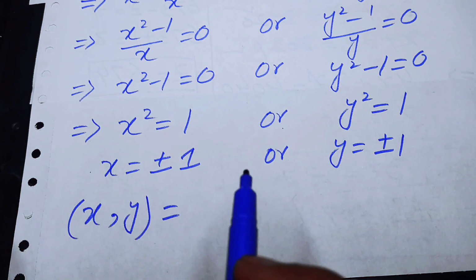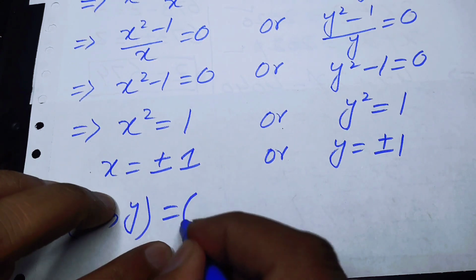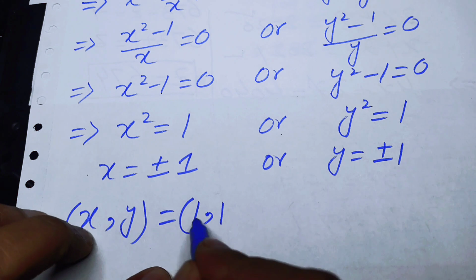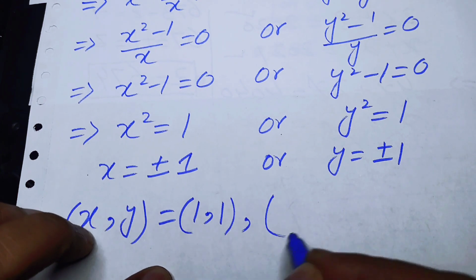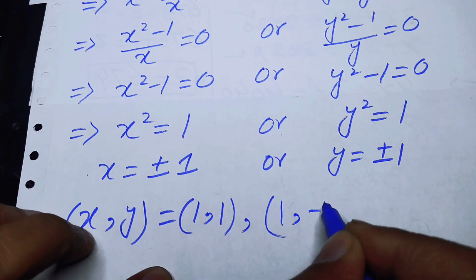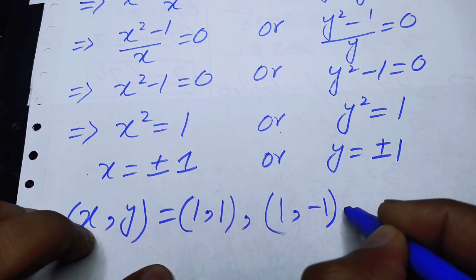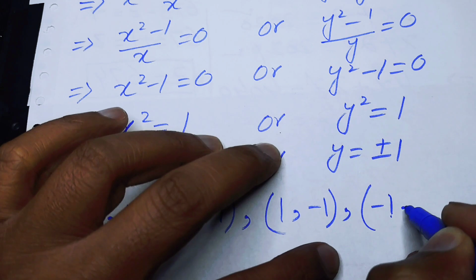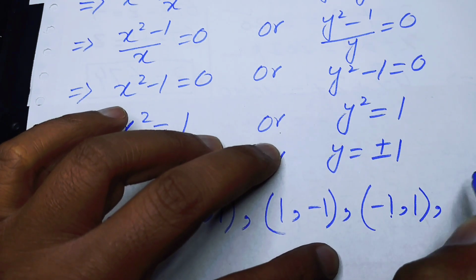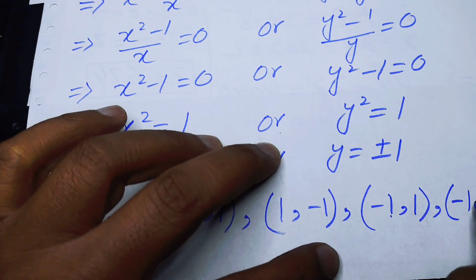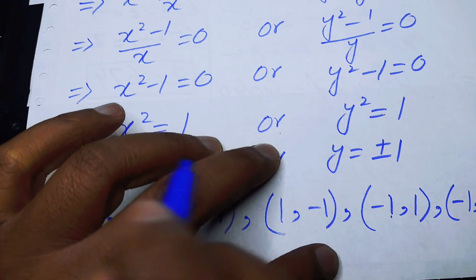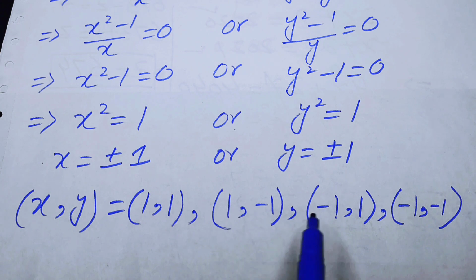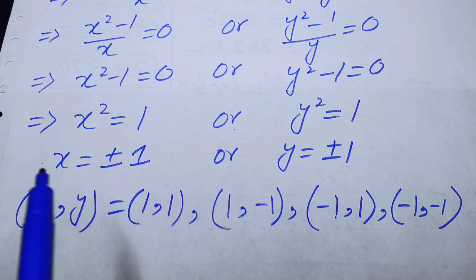I can write these pairs as: x is 1 and y is 1; x is 1, y is minus 1; x is minus 1 and y is 1; and x is minus 1, y is minus 1. So here we have these four possible values of x and y.